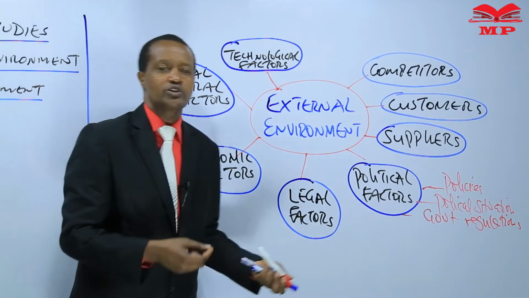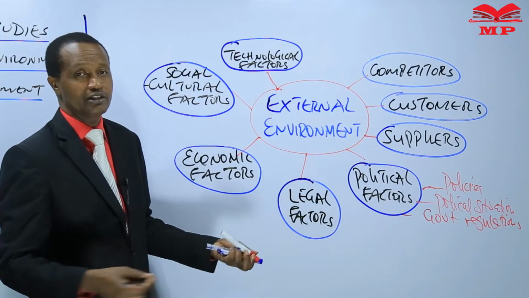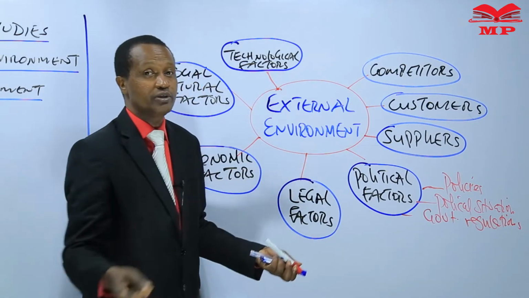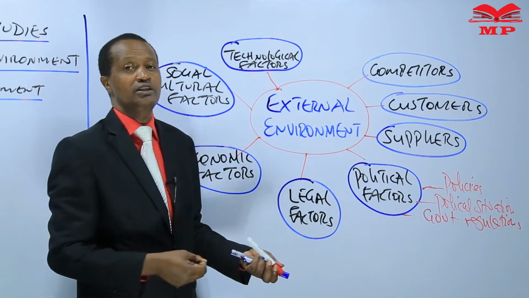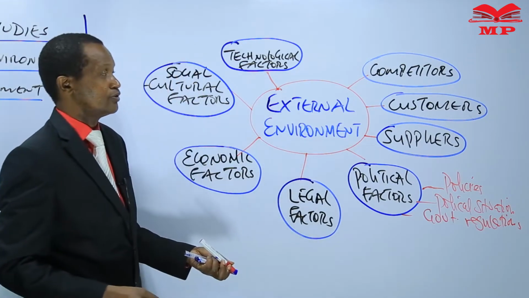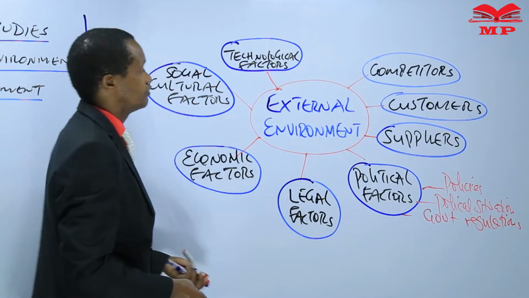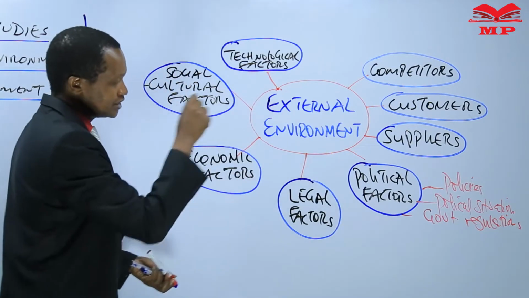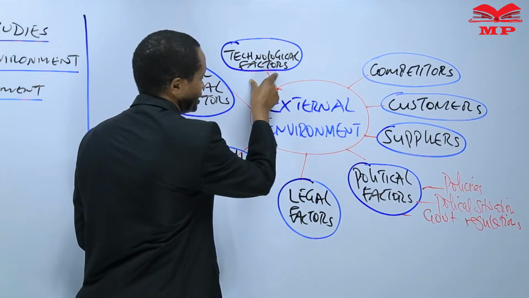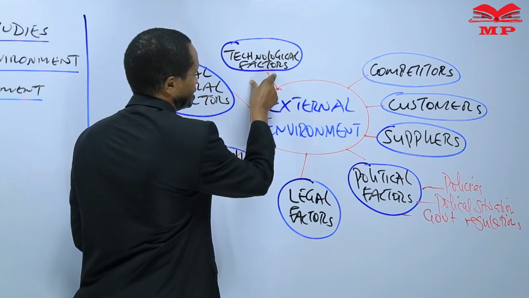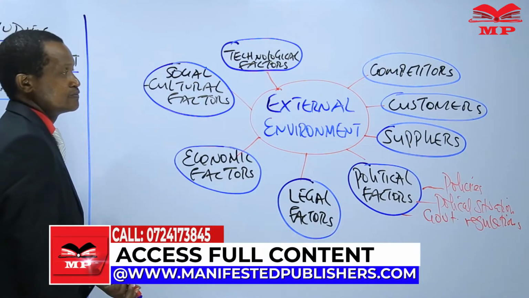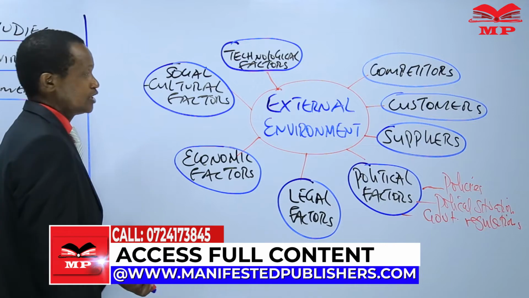We have in other countries where staff are being laid off because robots are performing tasks that were initially performed by people. So those are some of the adverse effects of technologies. But when running a business, it is important for the business owners to scan the technological environment. I've explained reasons why that should happen.